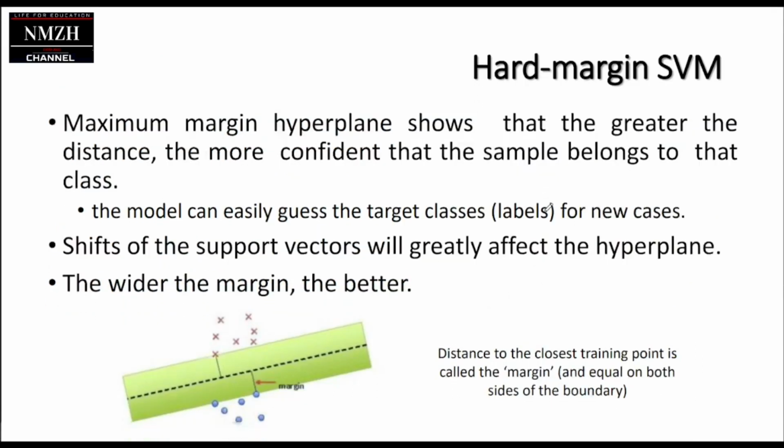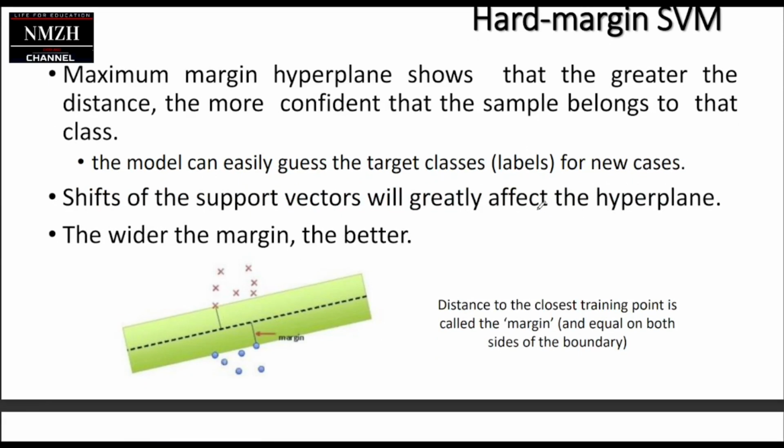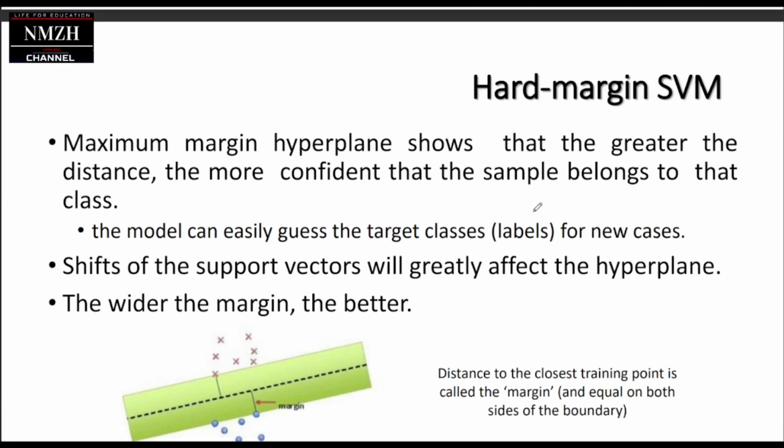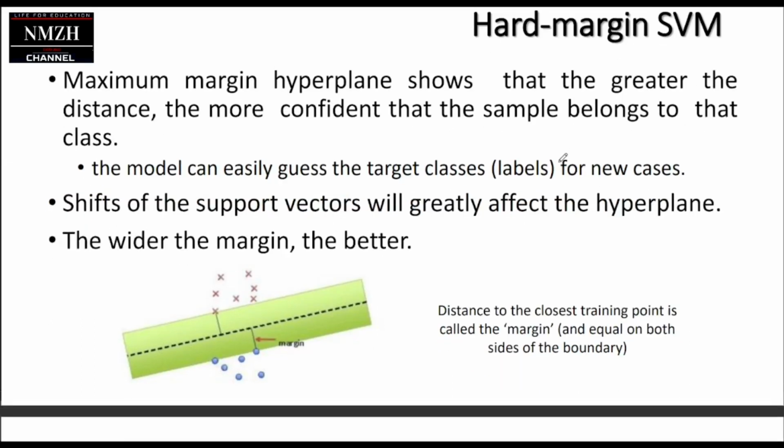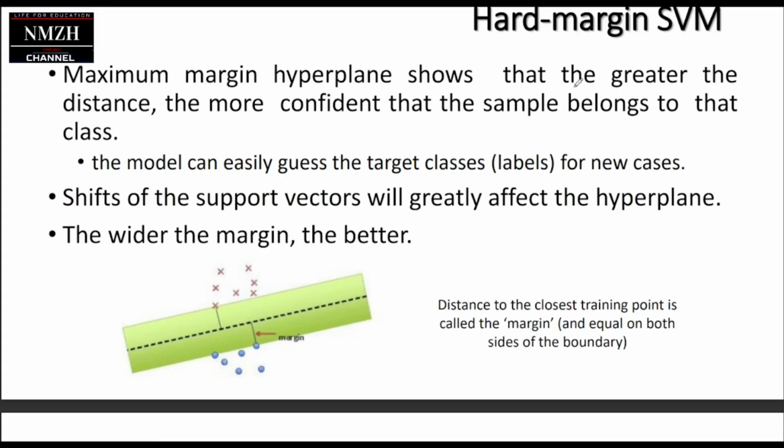So again, the maximum margin hyperplane shows that the greater the distance, the more confident that the sample belongs to the class. So why is the greater distance stated? If we have a greater distance between support vector and hyperplane, then the more confident that the sample belongs to the class.